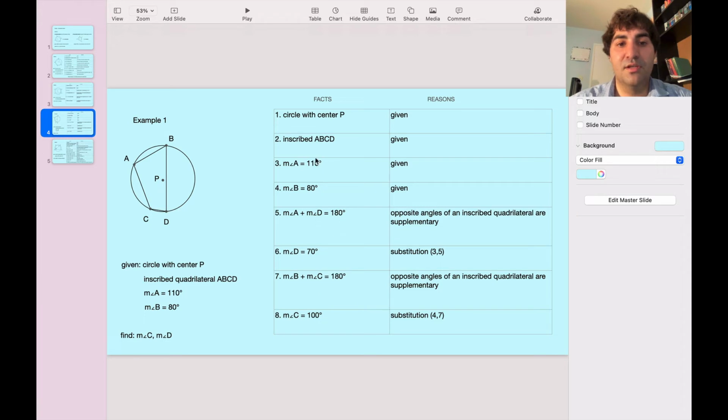We can substitute measure of angle A equals 110 degrees to get measure of angle D equals 70 degrees. Angle B and angle C are opposite angles, so measure of angle B plus measure of angle C equals 180 degrees. Then you substitute measure of angle B equals 80 degrees into this equation in 7, and we get measure of angle C equals 100 degrees.